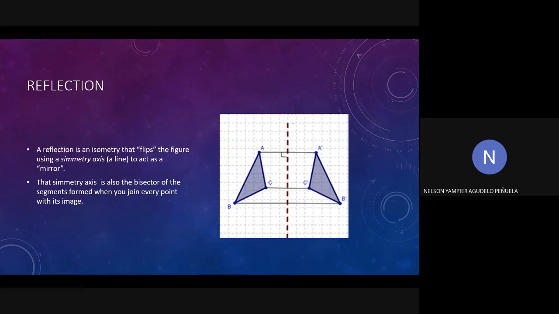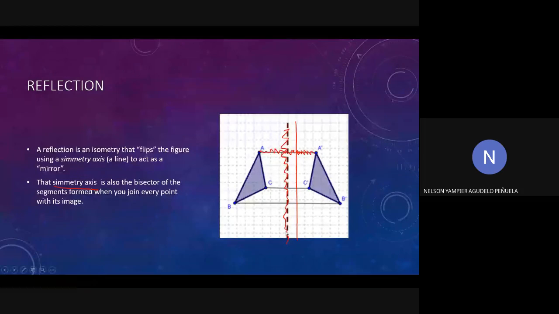For example, imagine that this line doesn't exist, but this is the original and this is the reflection. You cannot say that the mirror, or the symmetry axis, remember, that is the name, is here. It cannot be here. Why? Because this part is not the same as this part, right?